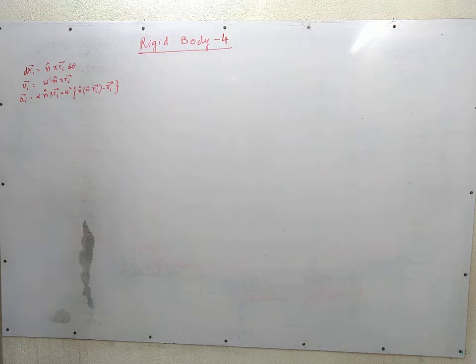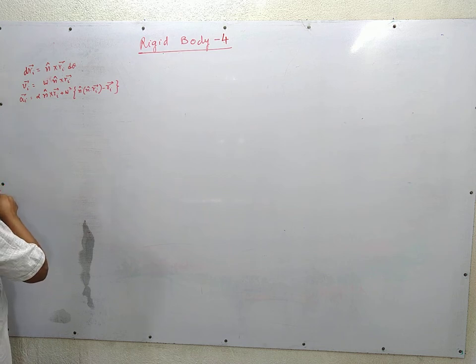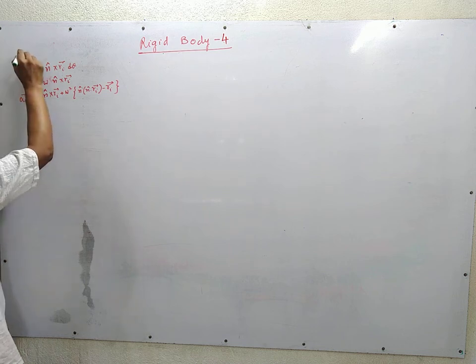So this relation holds when the rotation takes place around an axis characterized by n cap. For rotation about a fixed axis, n cap is a constant unit vector, and for rotation about a point of a rigid body, n cap changes continuously. So this is the rotation about n cap.